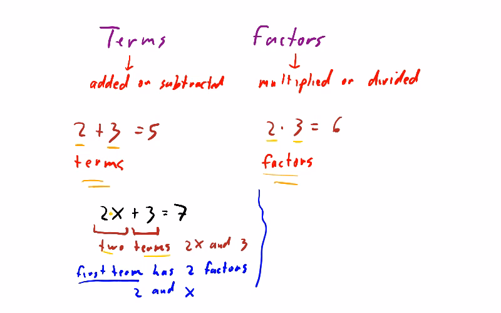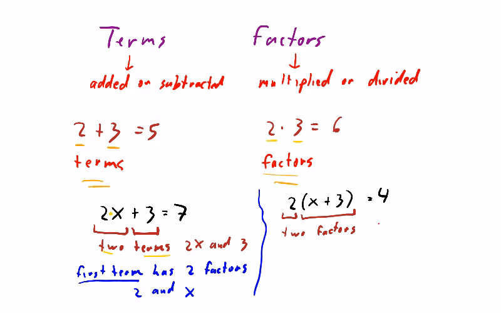If, on the other hand, I had a problem like 2 times the quantity x plus 3 equals 4, we would say that this has two factors on the left-hand side. The expression has two factors for the overall expression.